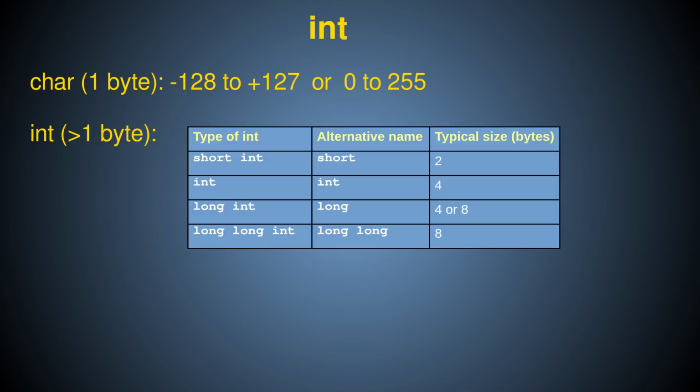These variants are the short int, the long int, and the long long int. All, apart from the plain int, can be used without the word int at the end, so you'll see some programs using them as short, int, long, and long long. The number of bytes each of these uses is implementation dependent, but typical values would be as shown in the table.